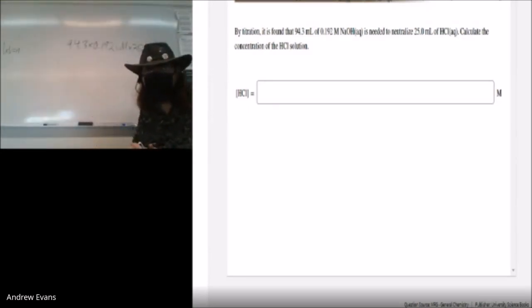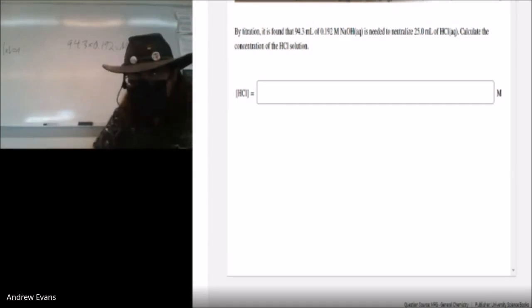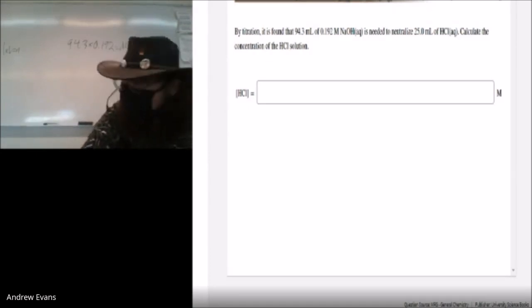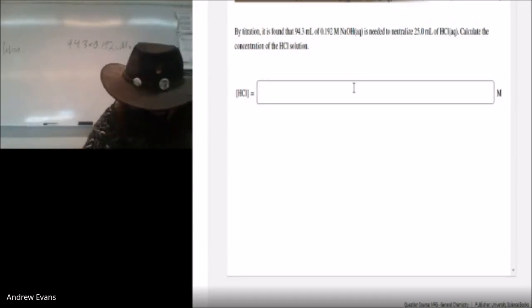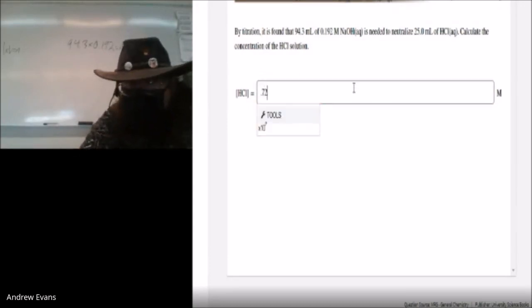We are solving for molarity. Just like we did in lab. We titrate the acid with the base. We figure out what is the concentration. So I take 94.3 times 0.192, divide by my 25, and I get 0.724.